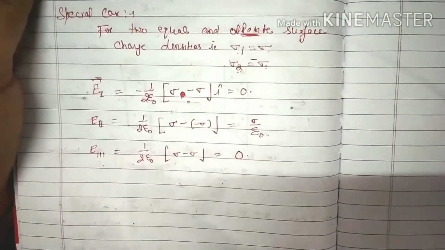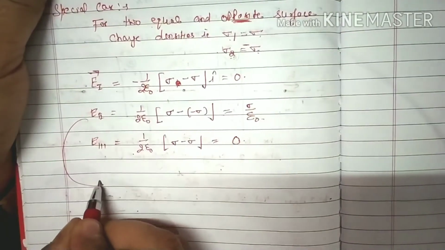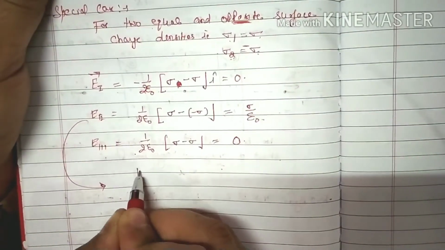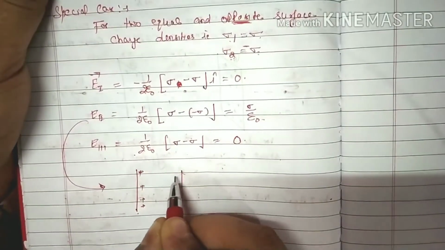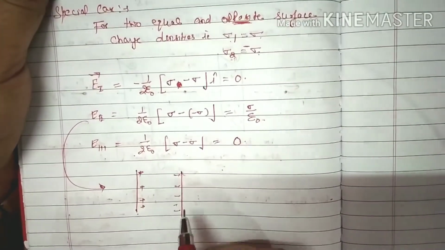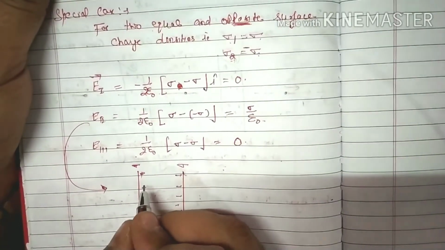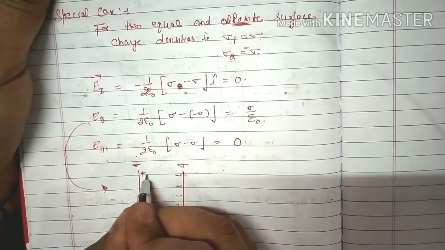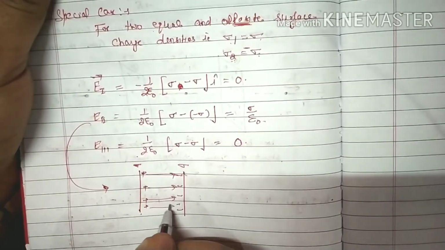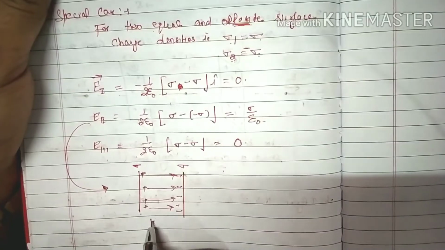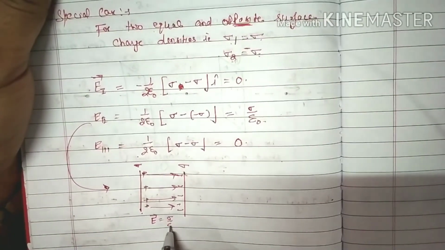We can explain the second region as this is the positively charged plate and this is the negatively charged plate, with surface charge density sigma. You know that the direction of the electric field is from positive to negative charge. So here we have a uniform electric field intensity equal to sigma upon epsilon naught.